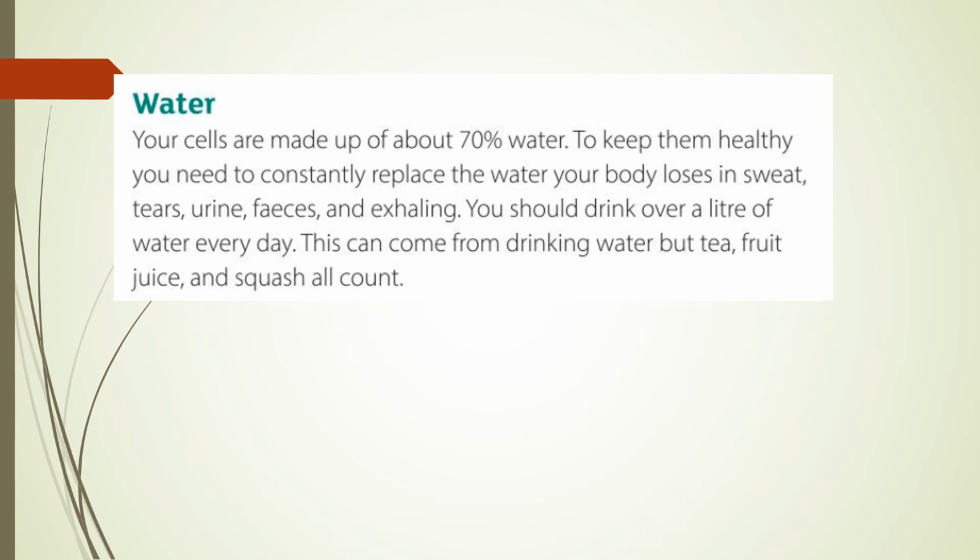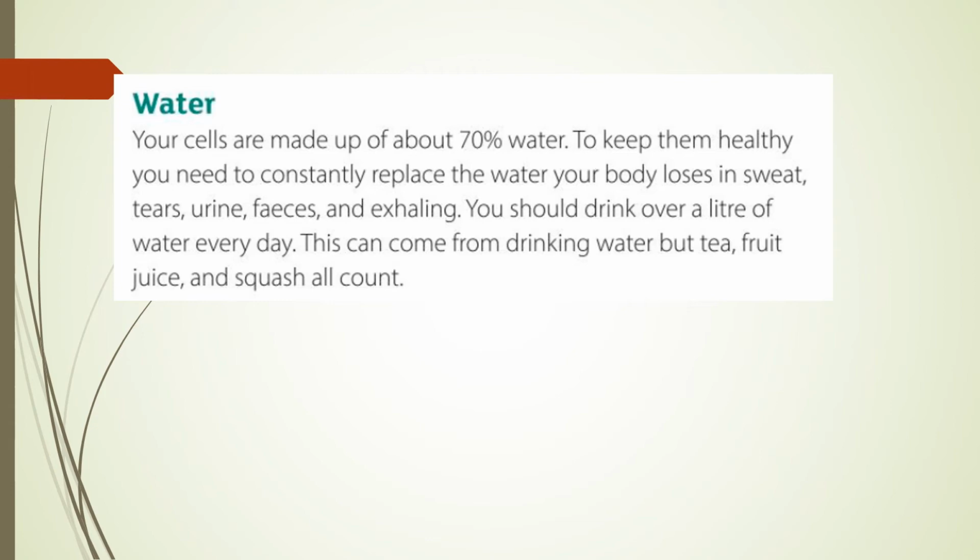Water. Now this is actually a very simple molecule and is often overlooked as a nutrient. But it makes up the vast majority of your body, because without it, chemical reactions wouldn't be able to happen in all of your cells. Without chemical reactions, we actually couldn't live.